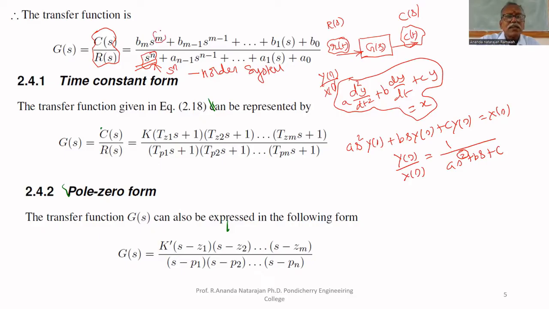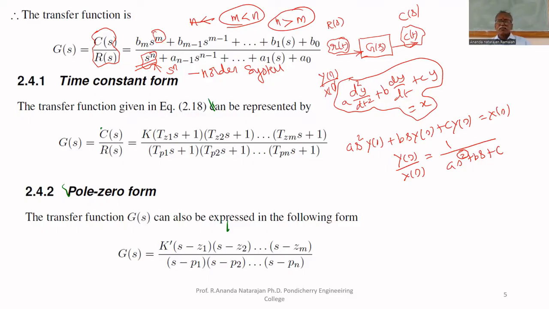Always the numerator degree is less than denominator degree. Or n is always greater than m. N is always greater than m.